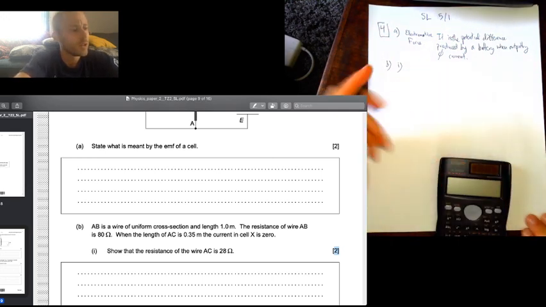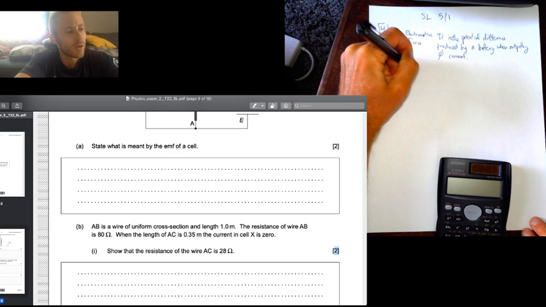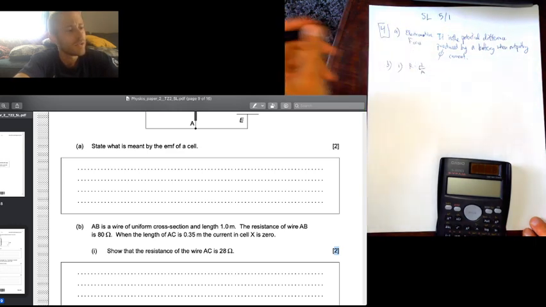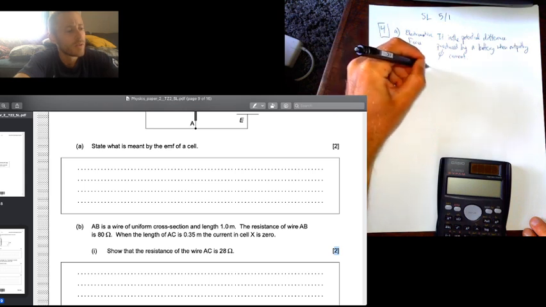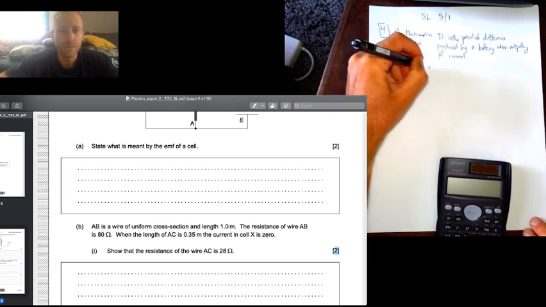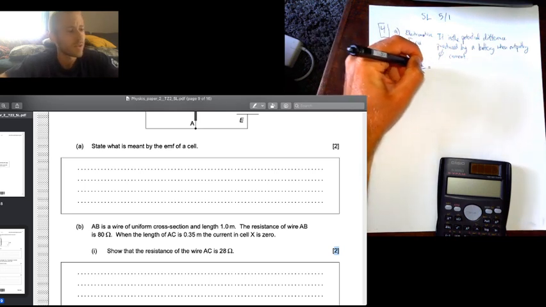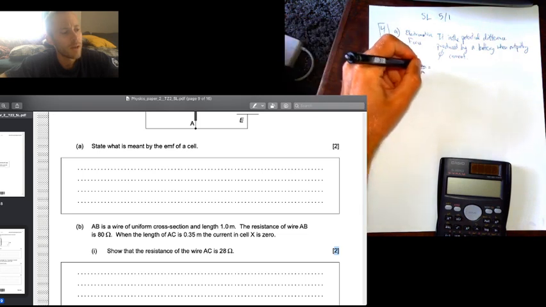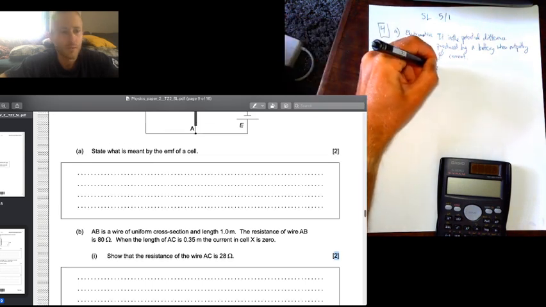So we know that the resistance is rho L over A, and that would be the length of AC. Now, what if I multiply and divide by the length of AB?